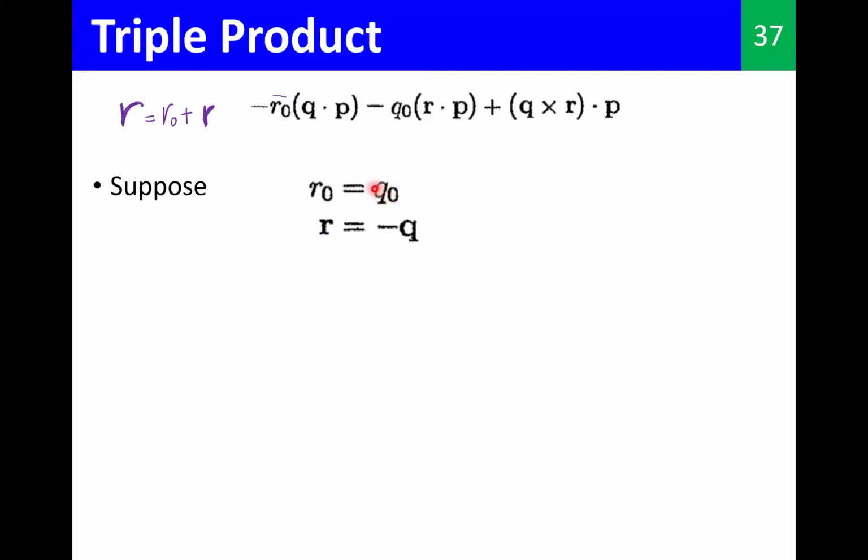So if that happens, you can see this q, okay, q dot p bar. Sorry, this one r naught equal to q naught. Okay, and here for r I can replace minus q. Okay, so these two would cancel off. And here, if r is equal to minus q, then these two becomes parallel vectors, and this cross product will be 0. So this whole thing would become 0.